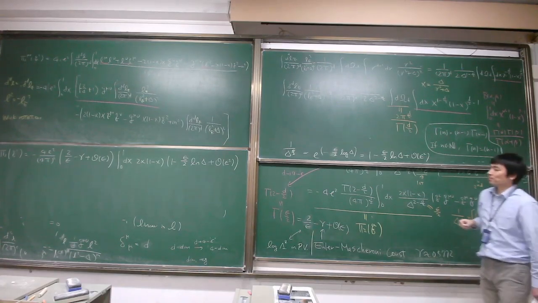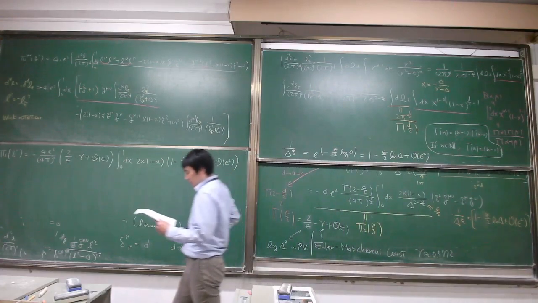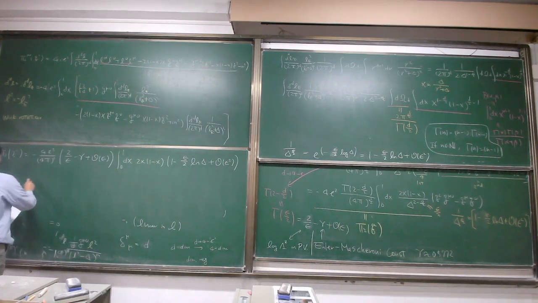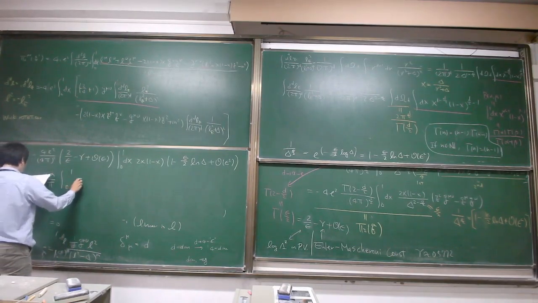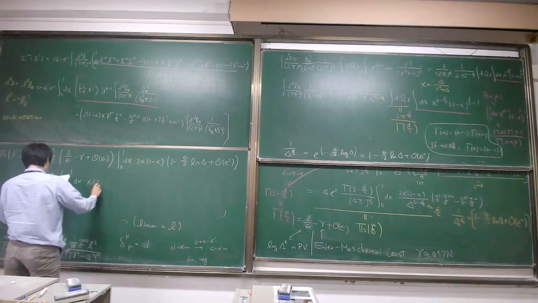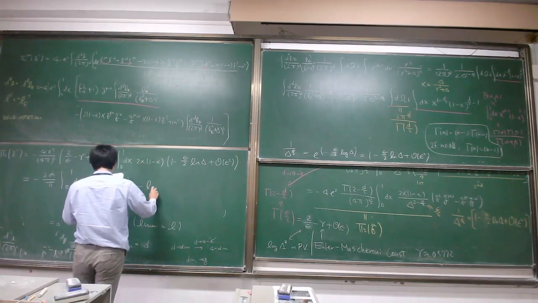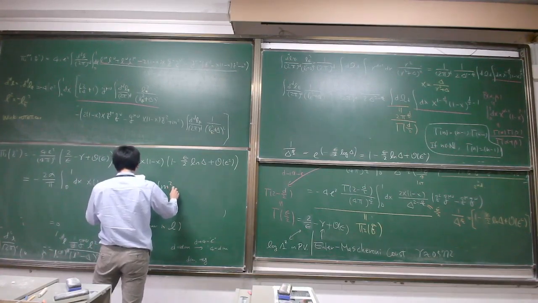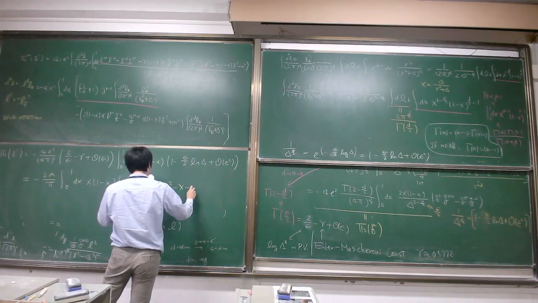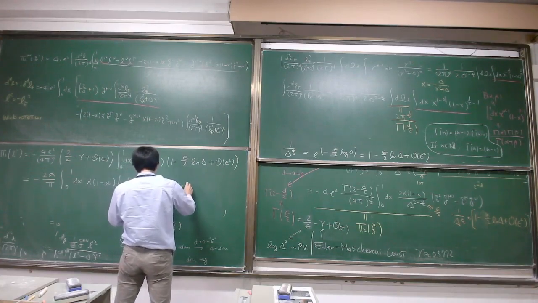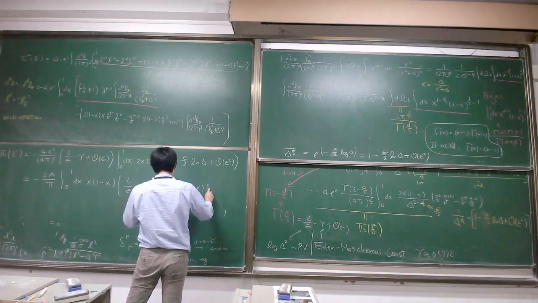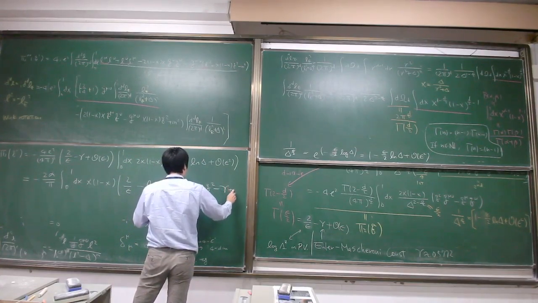Okay. And this one, if you manipulate this one, this can be written as minus 2 alpha over pi, integral from 0 to 1 dx x (1 minus x) times [2 over epsilon minus log of (m squared minus x(1 minus x) q squared) minus gamma] plus order epsilon.